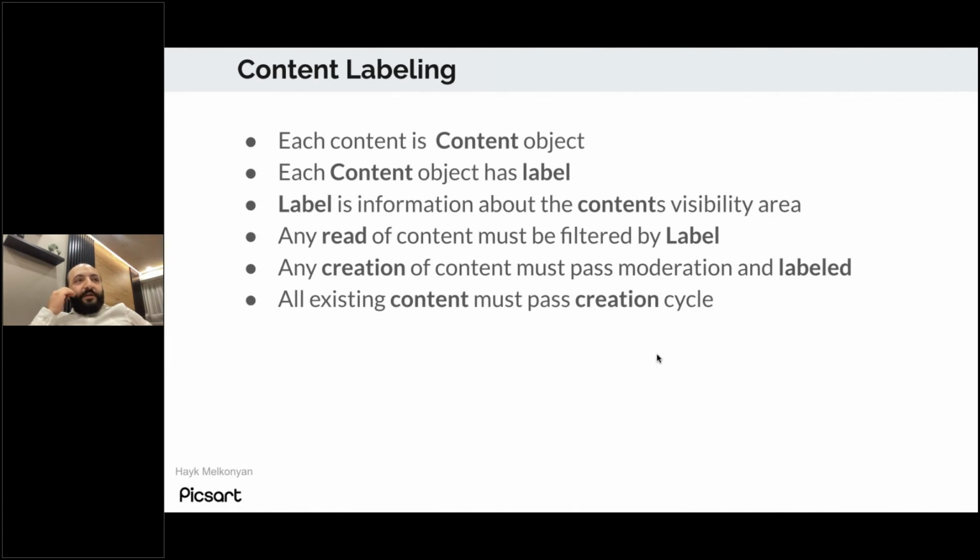The most expensive part of this solution is passing all your existing content through this filtering mechanism. Why is this the most expensive? I don't think small startups will meet these issues.